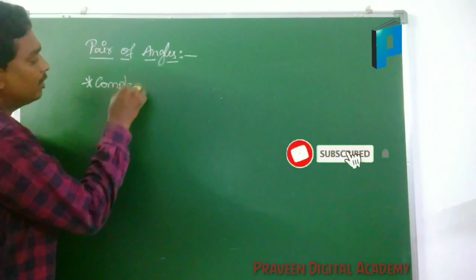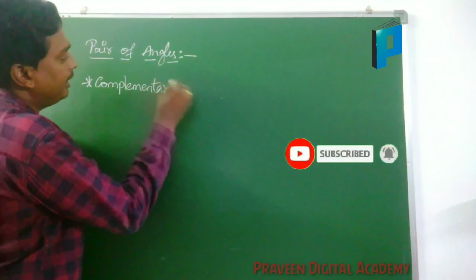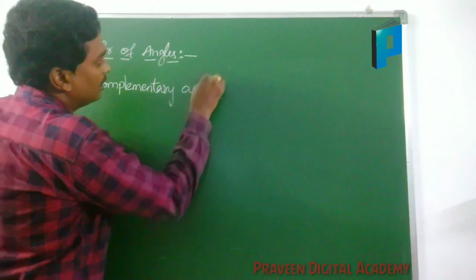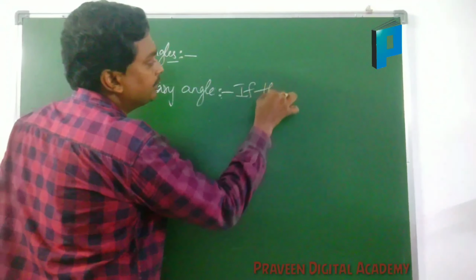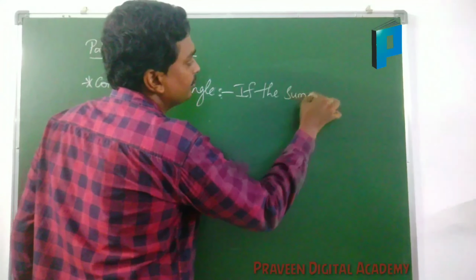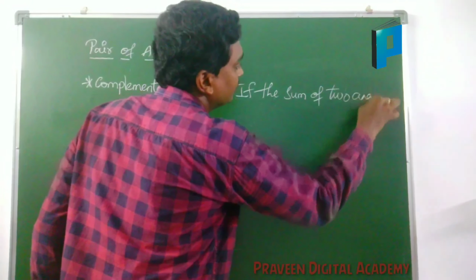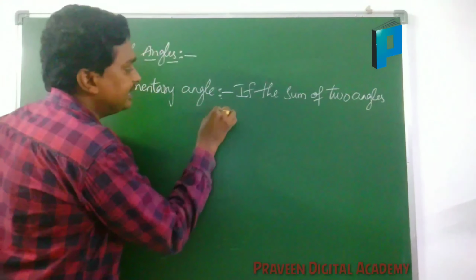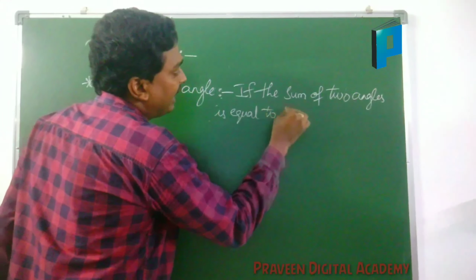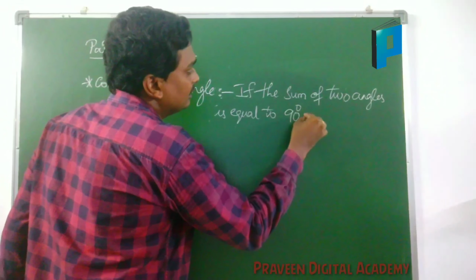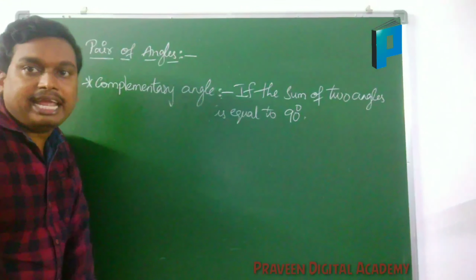Complementary angle. If the sum of two angles is equal to 90 degrees, then such type of angle is called a complementary angle.